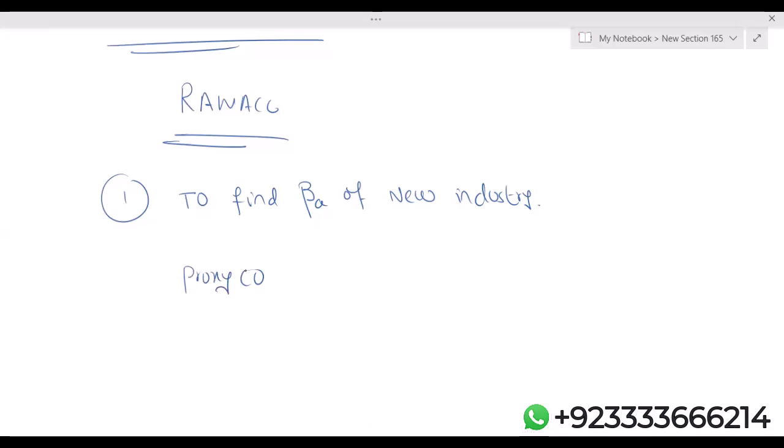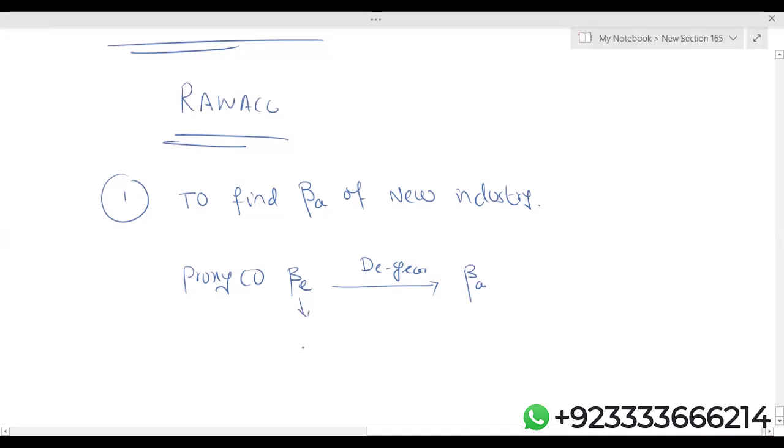So what are we going to do? We'll take the proxy company's equity beta and you have to de-gear it. You have to de-gear the proxy company's equity beta to calculate beta asset.